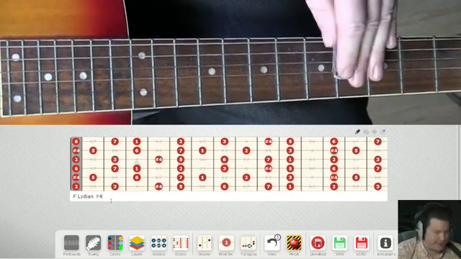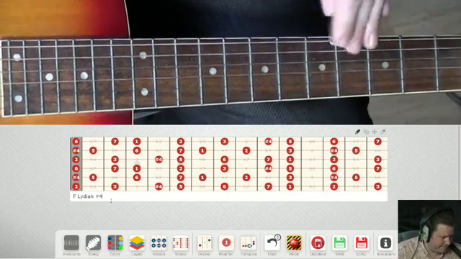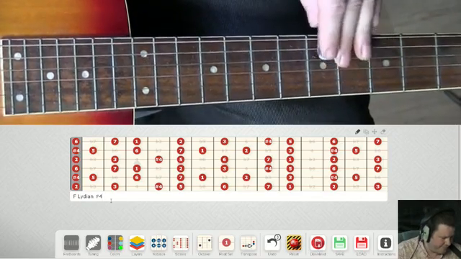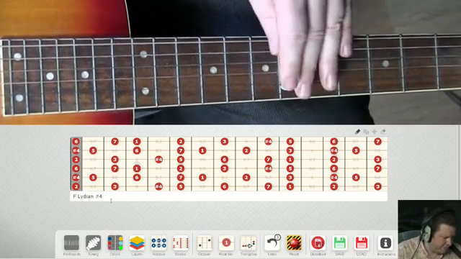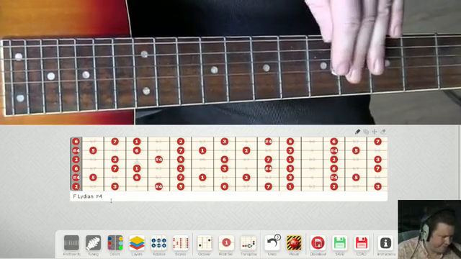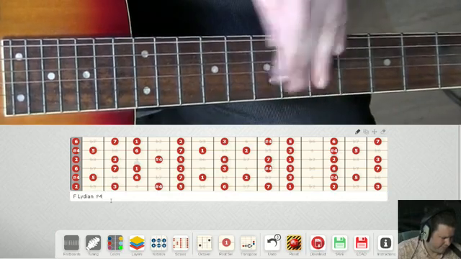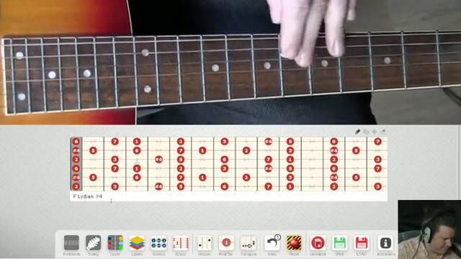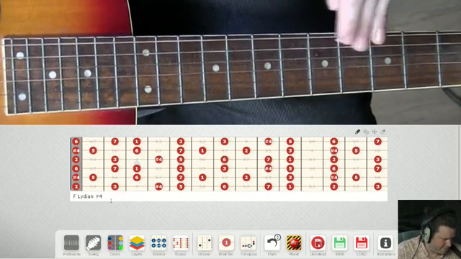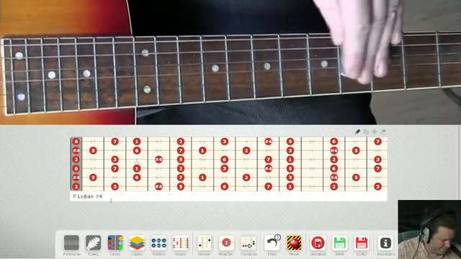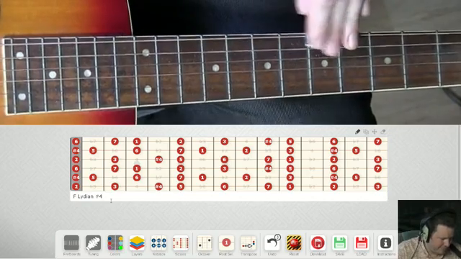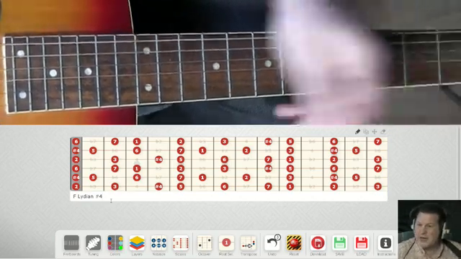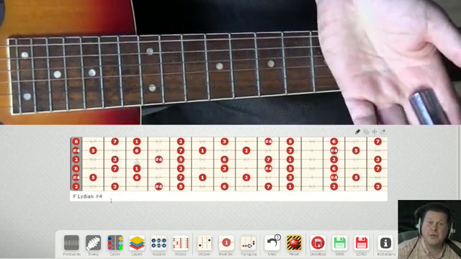Then we've got the 5 above it. So we can hear that modal characteristic.